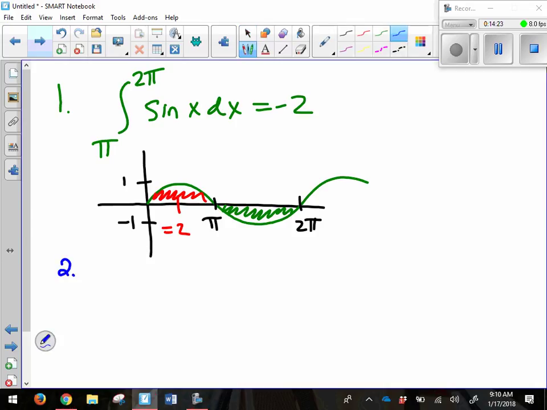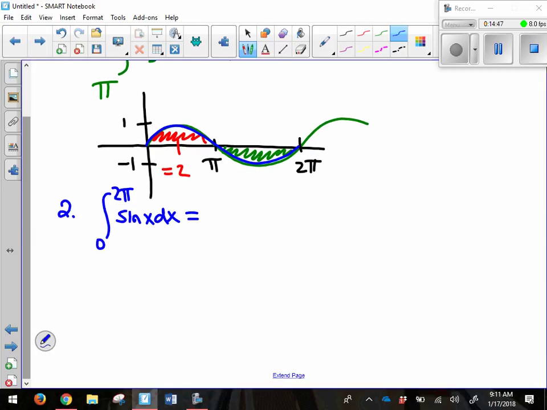What does that ask us for? So that's going to be this whole part of the curve. Now, as we'll learn, you can break this integral up.